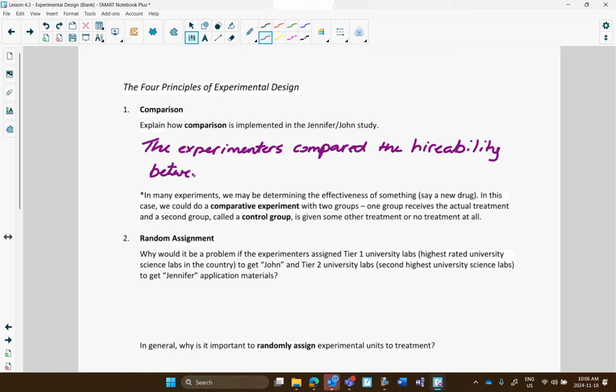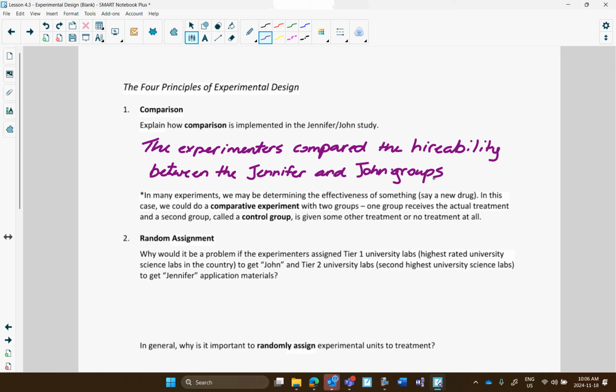Between the Jennifer and John groups. Always good to have something to compare to. So in this case, there were two groups that were given different treatments.